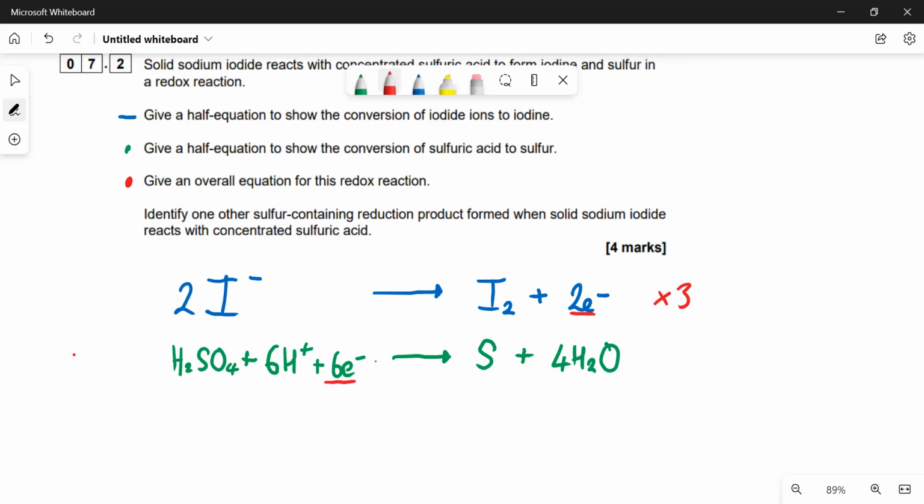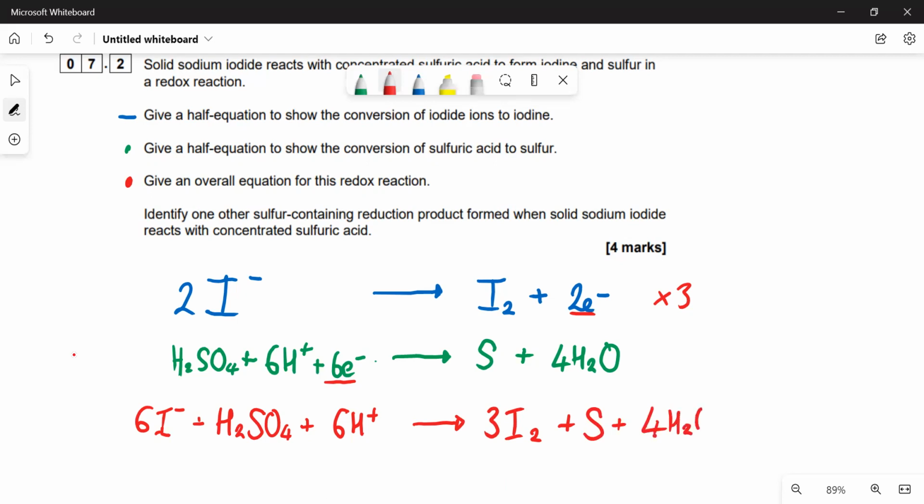Okay, so we're going to get 6 I minus plus sulfuric acid plus 6 protons, that's going to give us 3 I2s, 1 sulfur and 4 H2Os. There's our balanced equation.